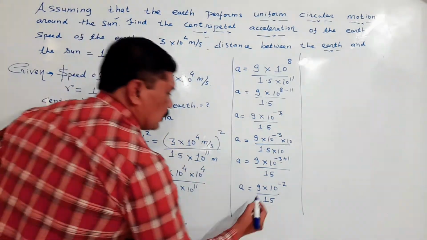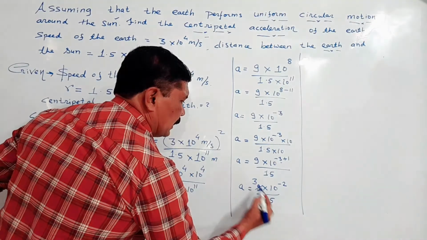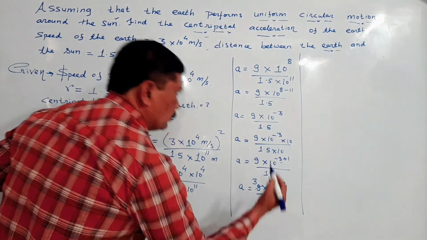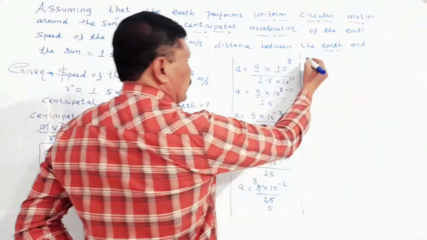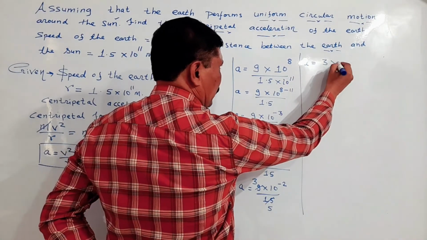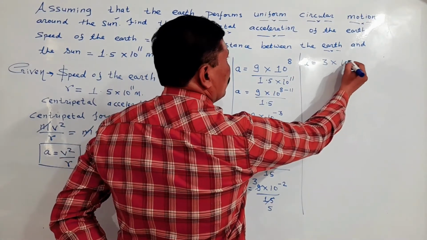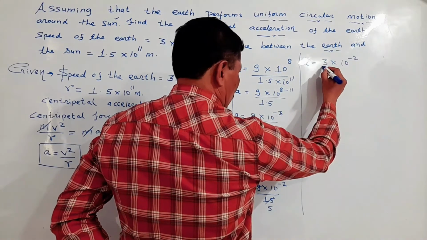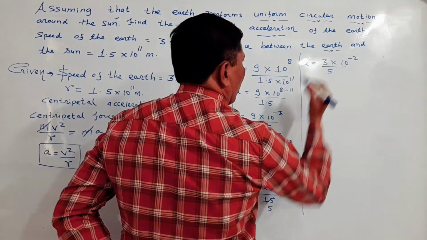Now my dear student, 3 3s are 9, 3 5s are 15. So here we can write a is equal to 3 into 10 to the power minus 2 upon 5.